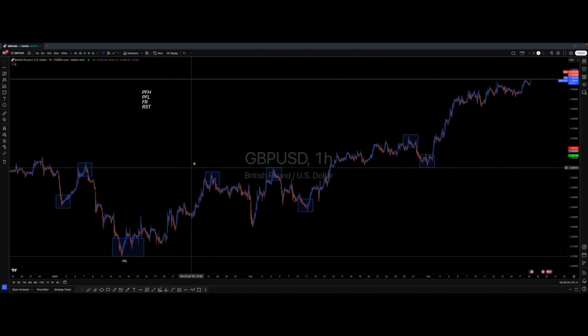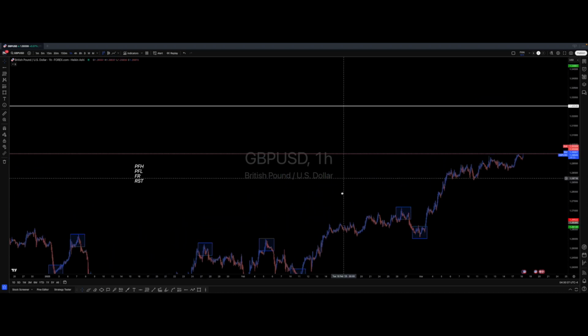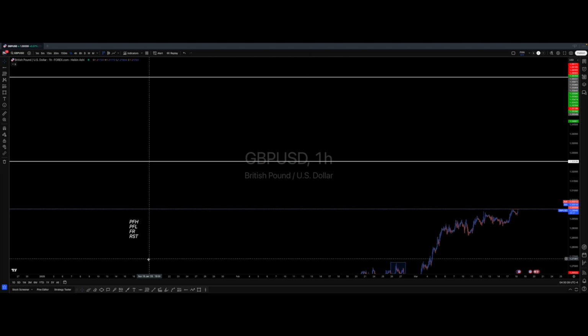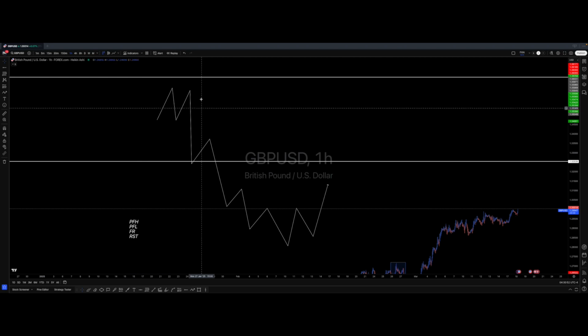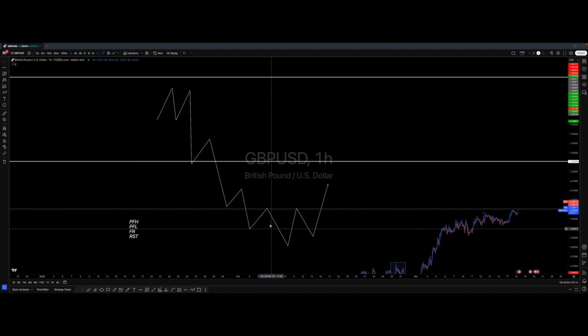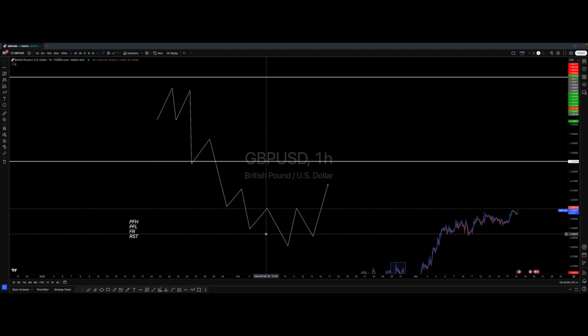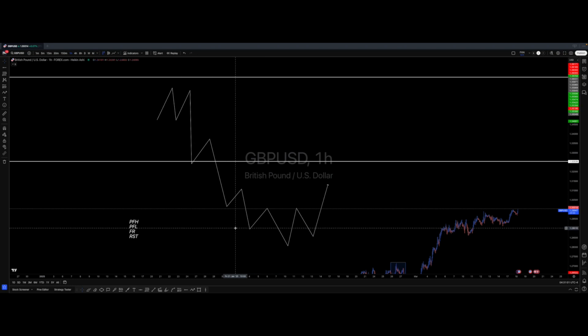If you guys remember, what is a cycle? A cycle is essentially something that could look like this: basically a peak formation high to a peak formation low. That's one cycle. Now, every cycle has its own ADR.